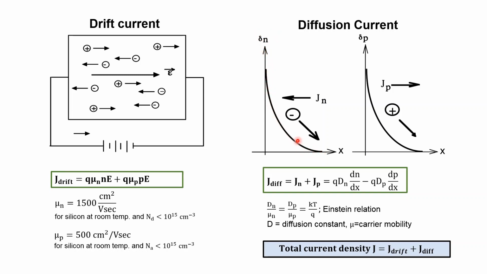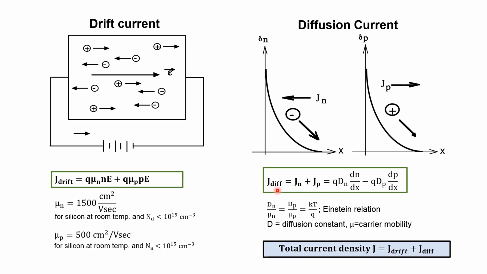So that means at this distance it is having lesser density, at this distance it is having higher density, so the current will flow from higher density towards lower density. This is known as diffusion current. So in case of electrons, electrons will flow in this direction and current will be in the opposite direction. In case of holes, holes will flow in this direction, then current will be in the same direction.